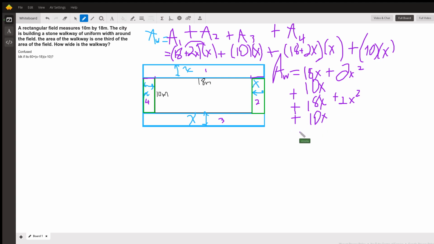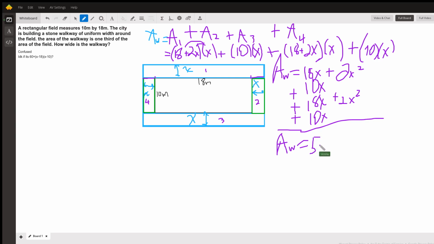So if we add all this stuff vertically, we get that the area of the walkway is 18 plus 10 plus 18 plus 10, and that is 56.